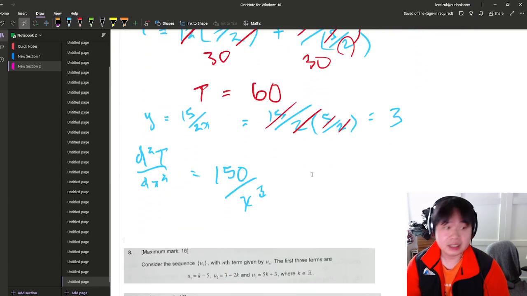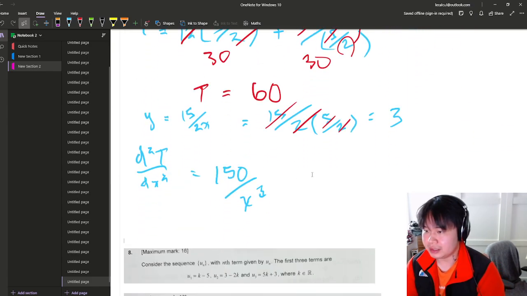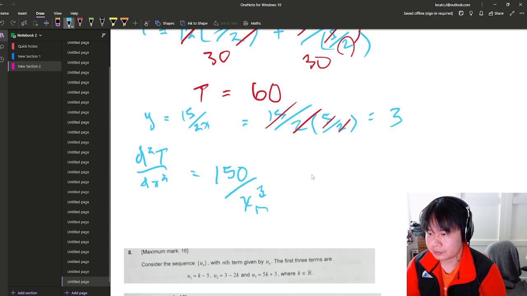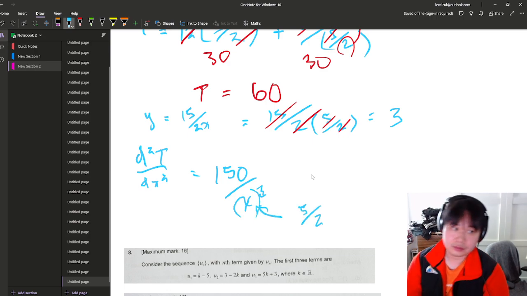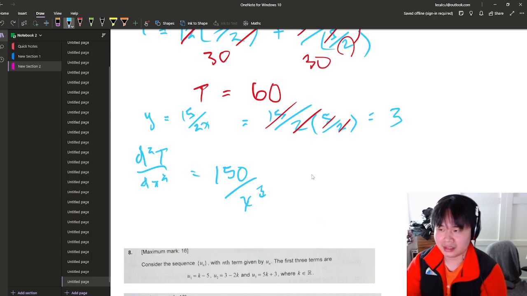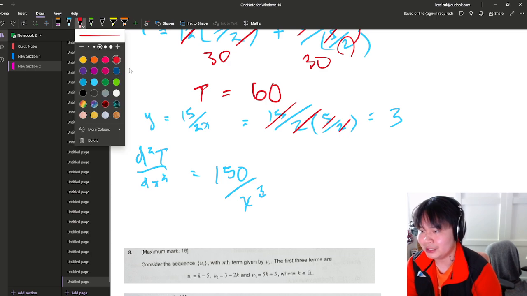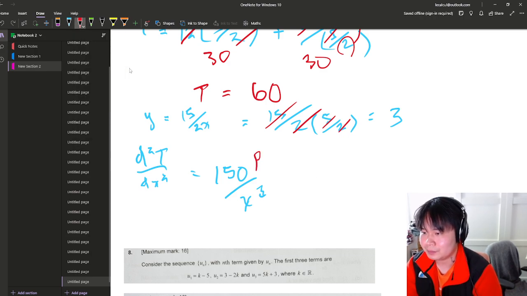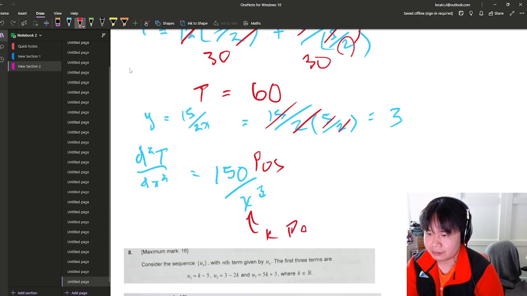Okay. Now, what you can do is you can literally just plug in 5 over 2 and then calculate it. But of course, look at this equation here, right? This 150 is positive. K is positive.